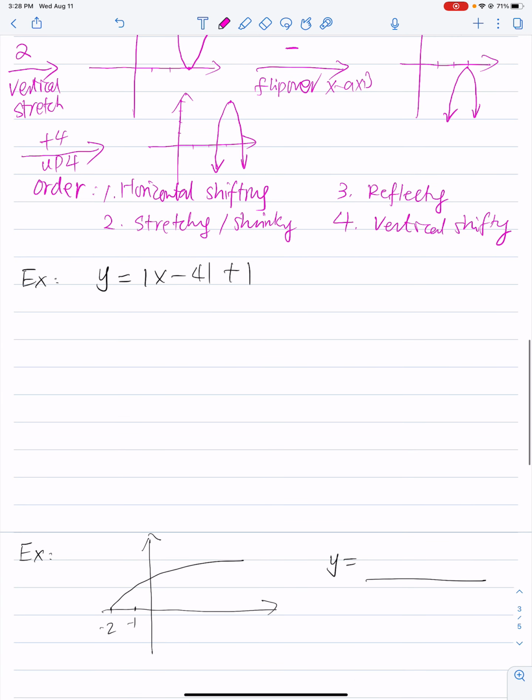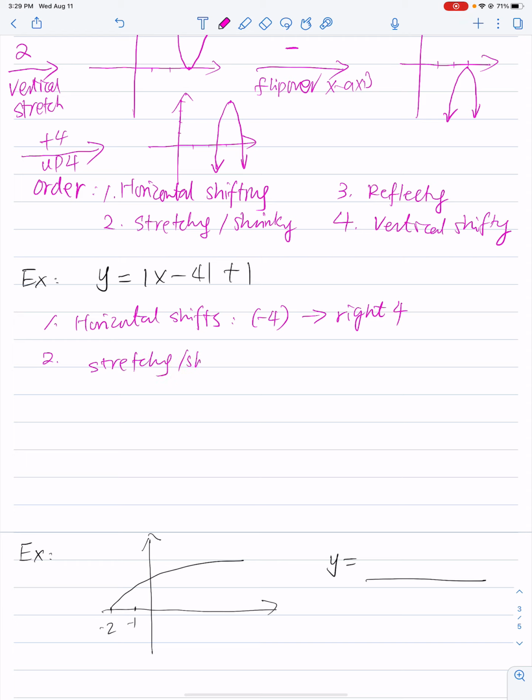Okay, so let's say for this one, what is your first step? Your horizontal shift. So that means minus 4, yeah? Minus 4. What happens here? It means right 4. So for the stretching or shrinking, do we have any number in front of this?